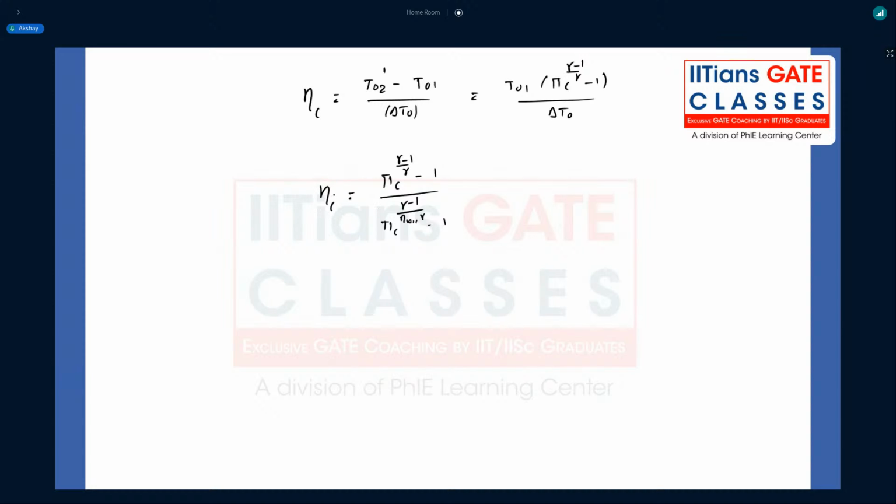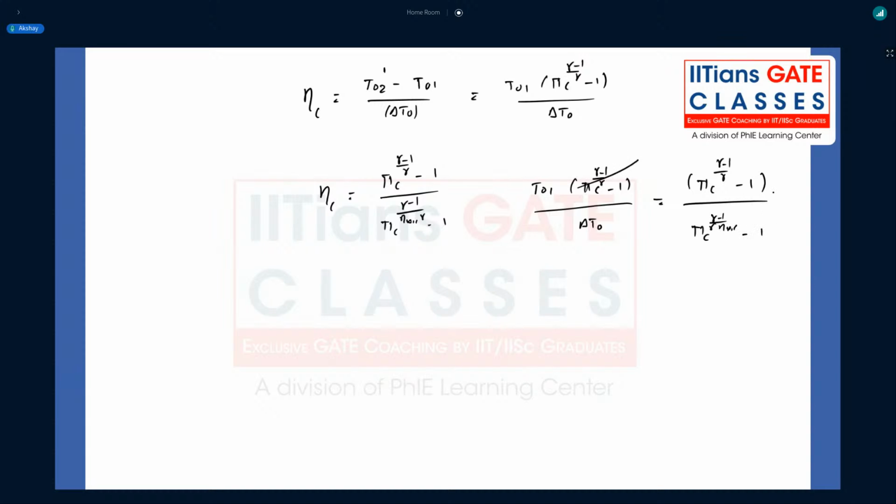So now if I compare this with this one, what I can confirm is T naught 1 times (pi c to the power of (gamma minus 1) by gamma, minus 1) divided by delta T naught is also equal to (pi c to the power of (gamma minus 1) by gamma, minus 1) divided by (pi c to the power of (gamma minus 1) by (gamma eta infinity c), minus 1).